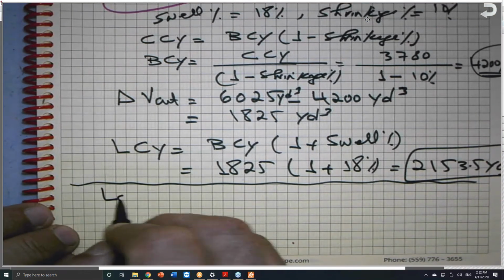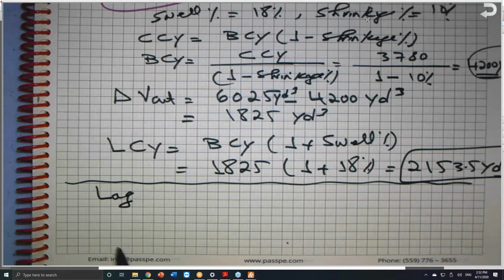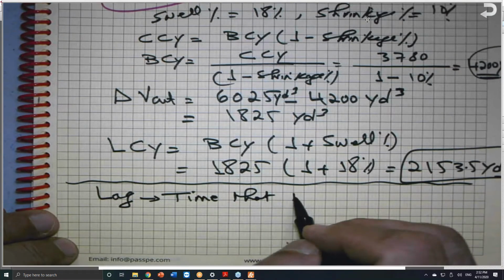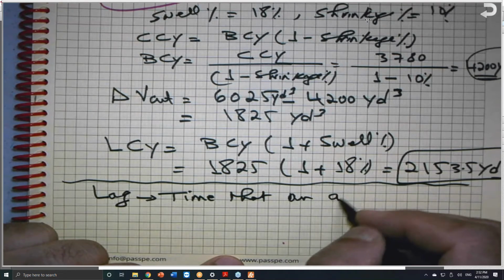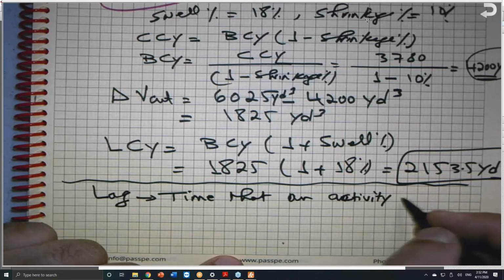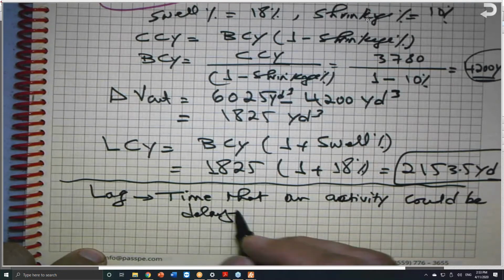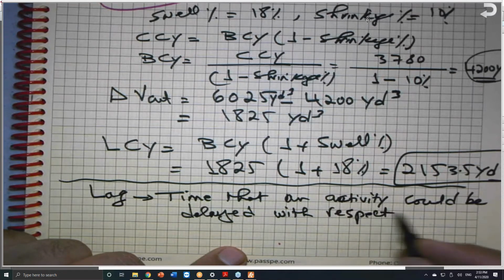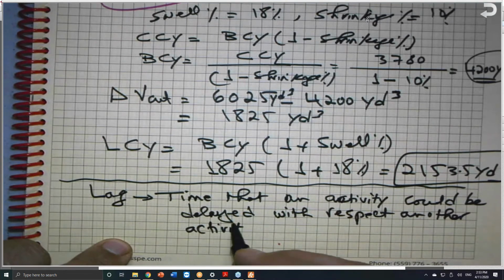Lag is a time that an activity could be delayed with respect to another activity or task.